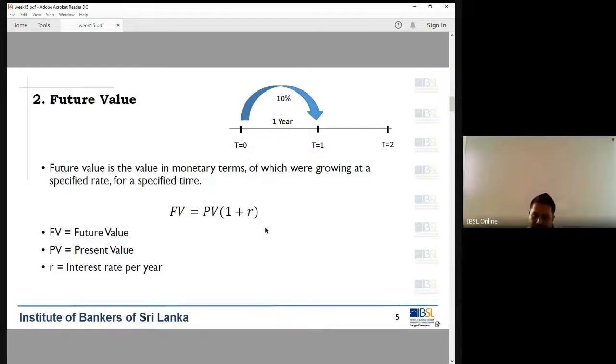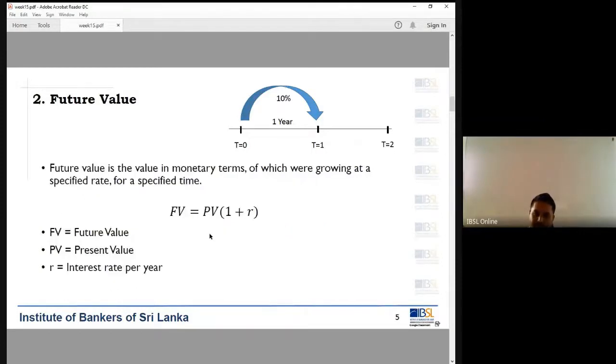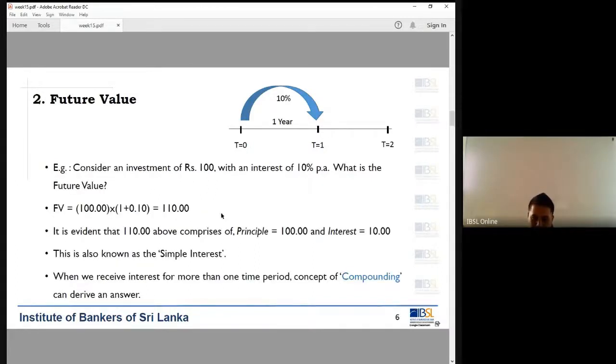Let's see a simple example of 100 rupees. Consider an investment of 100 rupees with an interest of 10%. We discussed a moment ago what the future value is. So the future value, as suggested by the previous equation of 1 plus R multiplied by PV, is the present value, that is 100 rupees, multiplied by 1 plus 0.10 in decimal terms. In percentage terms, you can say 1 plus 10% also.